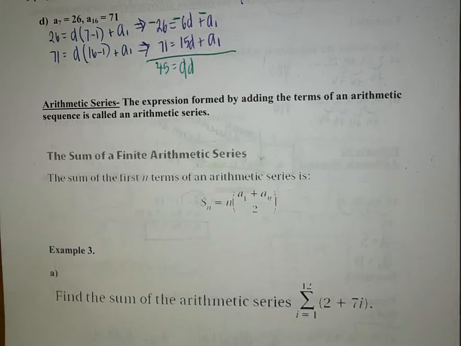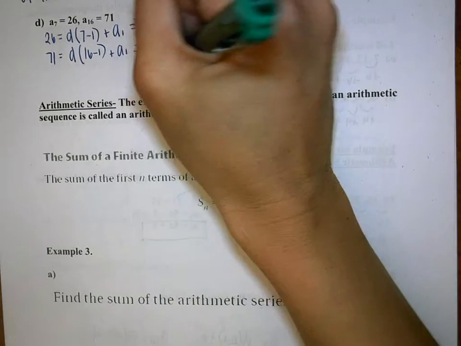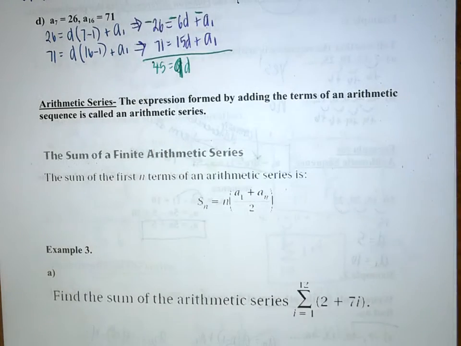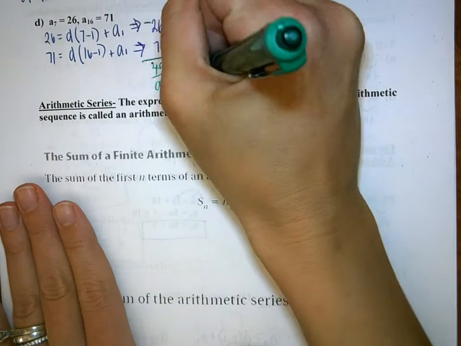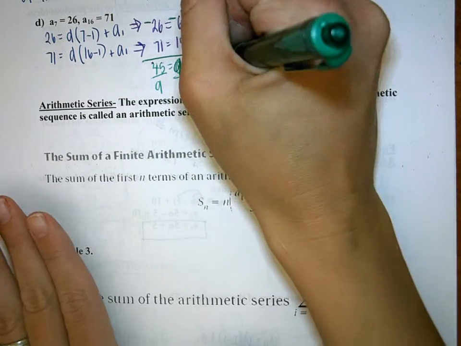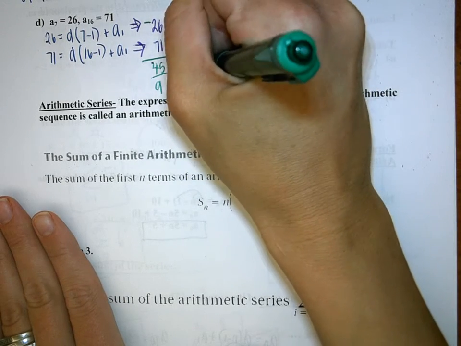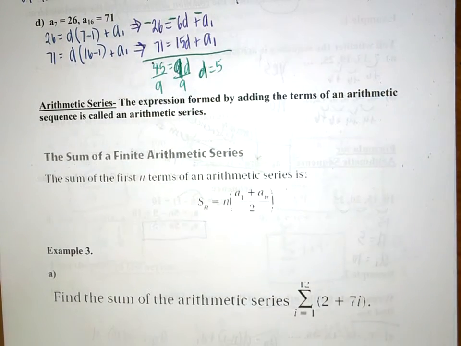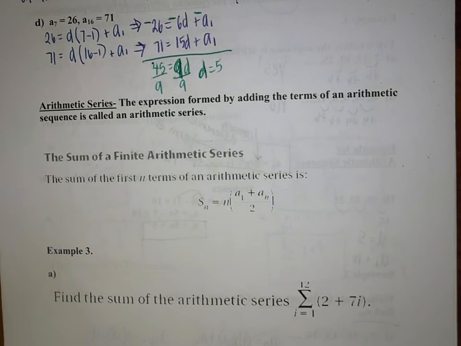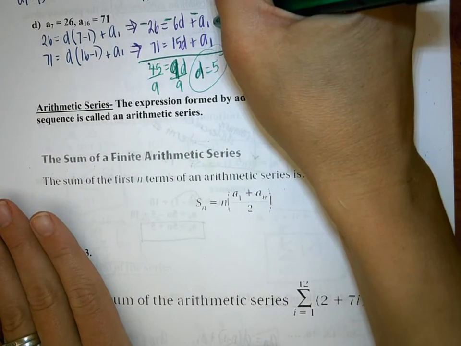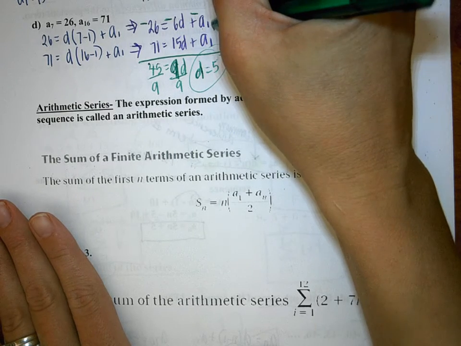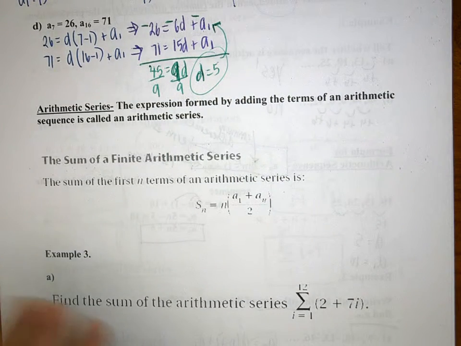And then in order to finish solving this is a 9, sorry. What would I need to do to get the D by itself? Very good. Divide by 9 to both sides. And D equals 5. Okay. So now I need my a sub 1 still. What will I do to find a sub 1? Good. I'm going to plug it into this first one and not use the negatives because they're smaller numbers, but you can use whichever equation you want.